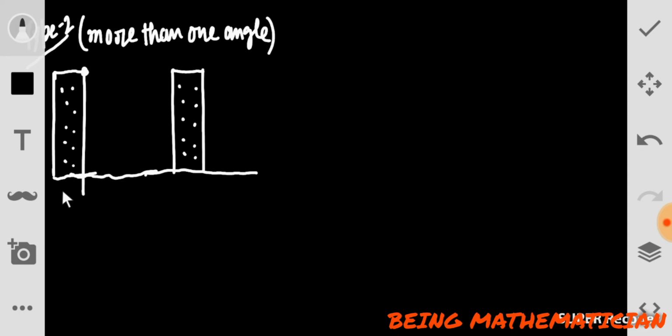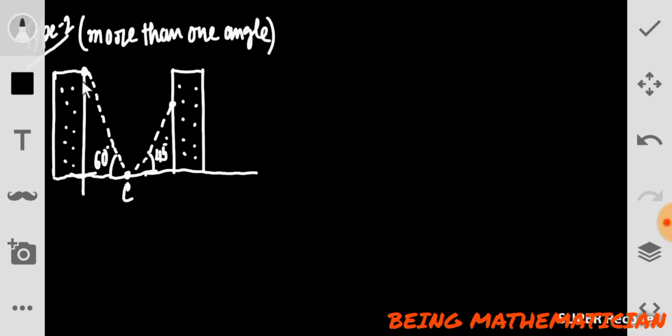From this point on the first building, and assuming one point on the ground is C, from this point to this point the angle of elevation is 60 degree, and from this point to this point the angle of elevation is 45 degree.